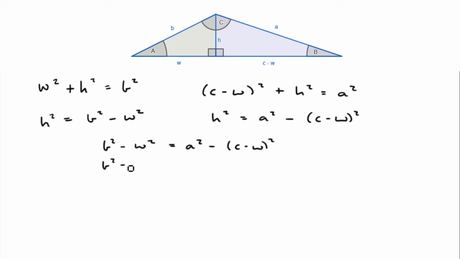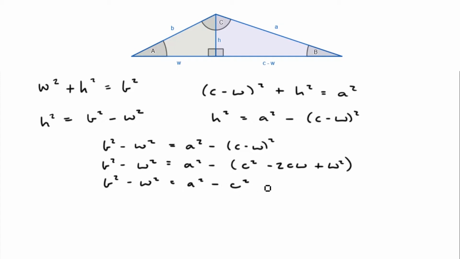So we have that b squared subtract w squared is a squared subtract c squared subtract 2cw plus w squared. Therefore b squared subtract w squared is a squared subtract c squared plus 2cw subtract w squared.